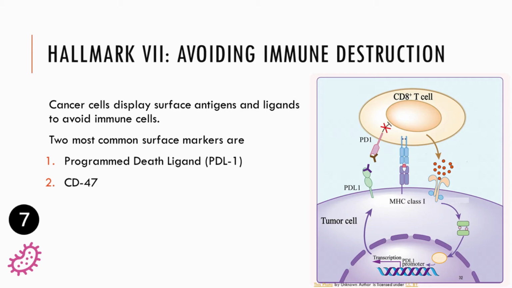So the molecules that are present on the surface could be categorized in 2 ways. They could either be receptors that could bind to something, or they could be ligands, which are the things that receptors can bind to. And cancer cells can avoid immune destruction by using either a ligand or a receptor.